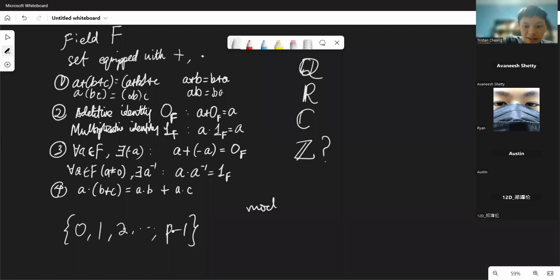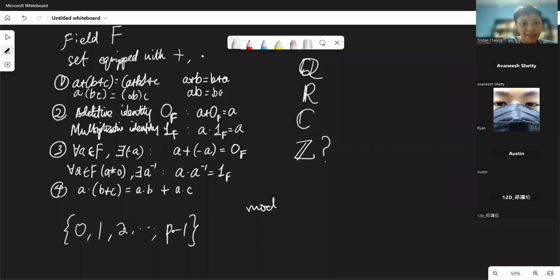So mod p addition is obviously different from regular addition. I mean, it's somehow related, but it's completely different, right? For mod p addition, p minus 1 plus 2 is 1, but for regular addition, p minus 1 plus 2 is p plus 1.